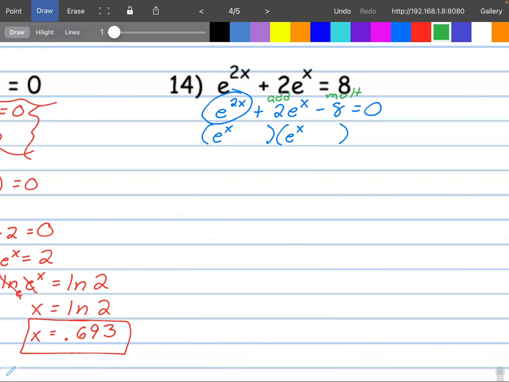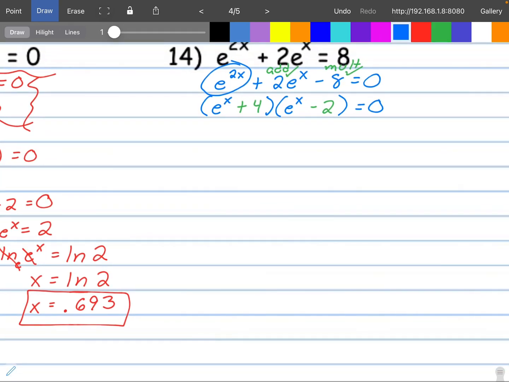So multiply to negative 8 and add to positive 2. So that's going to give me a positive 4 and a negative 2. Double check yourself. 4 times negative 2 is negative 8. Check. And then 4 minus 2 is a positive 2. Check. So we've got them factored.